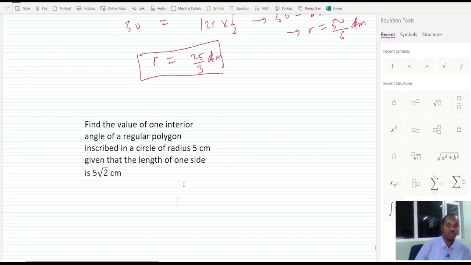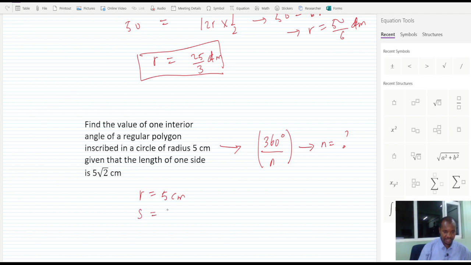So we are looking for the interior angle. We know that the interior angle will be 360 degrees divided by the number of sides. For us to get this value, of course, you need to know the number of sides. We have radius 5 centimeter, and we are given the length of one side is 5 root 2.